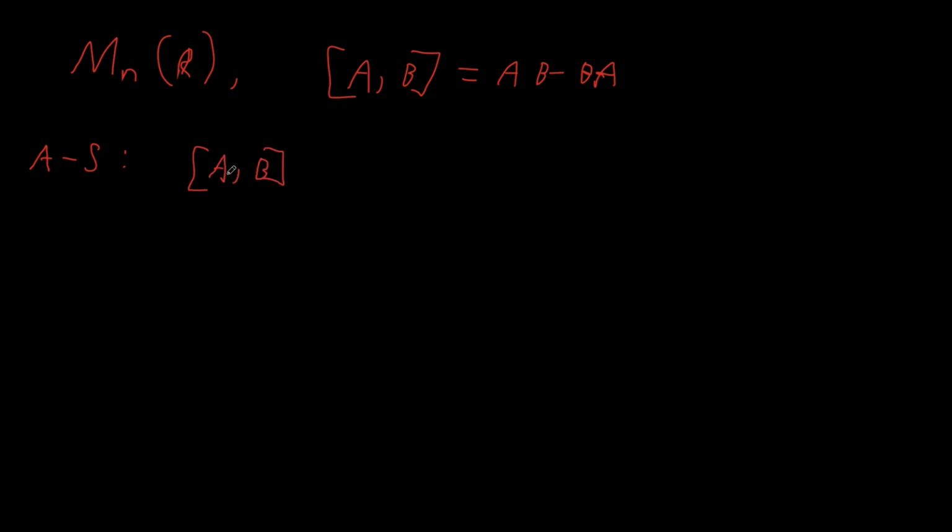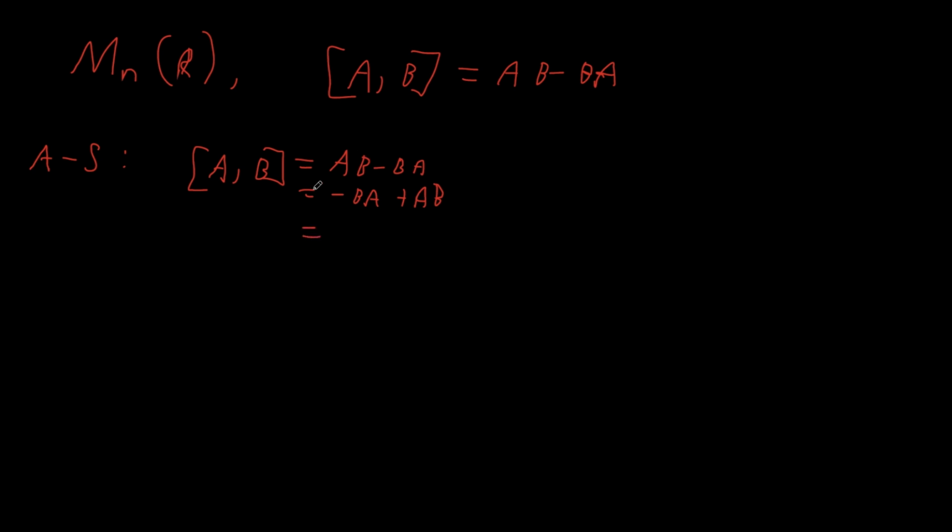If we take the Lie bracket A and B, then that's going to be AB minus BA, which is of course minus BA plus AB, because thankfully addition is commutative under the matrices, as it probably should be in most vector spaces.